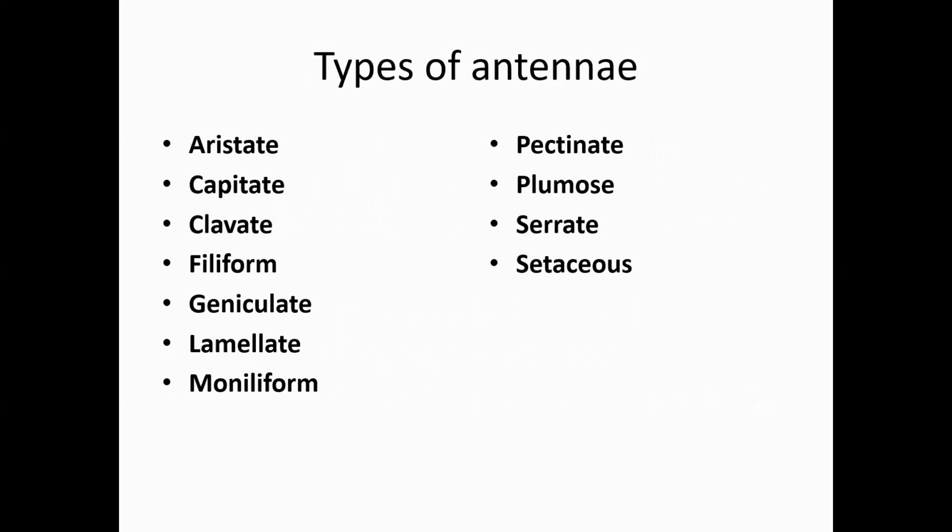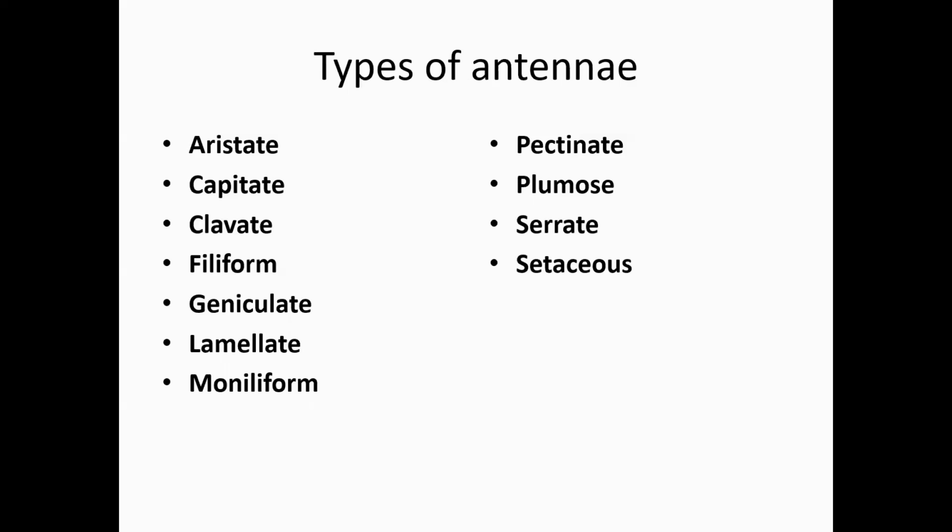As you have observed in the case of mouth parts, there were different types of mouth parts in insects, like the siphoning type, the sucking type, and the chewing and biting type. Different types we have studied. In the case of antennae also, they are variously modified. So different types of antennae are there in insects.